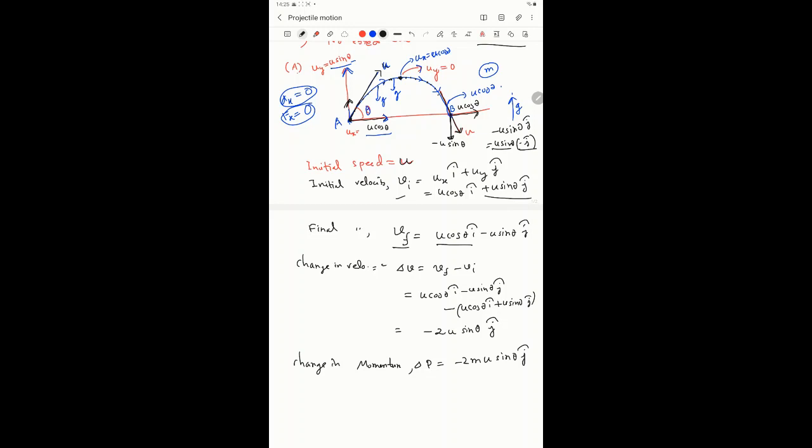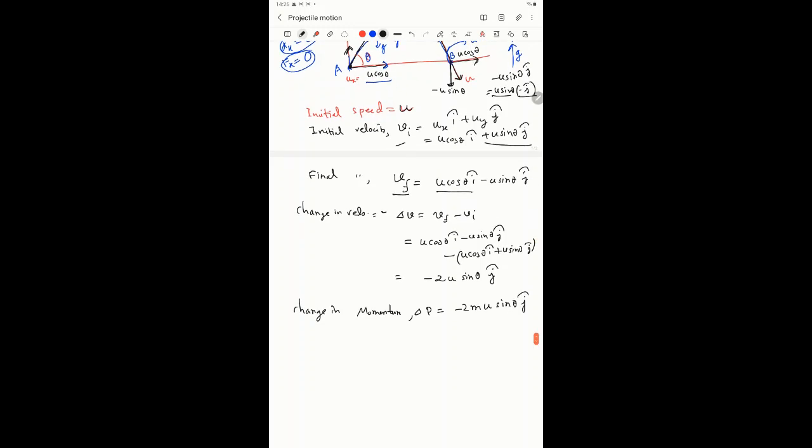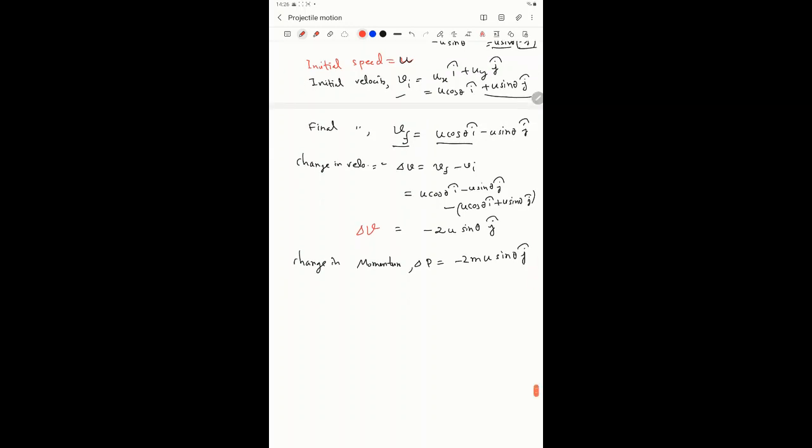So the change in velocity, delta v, is v final minus v initial: u cos theta i cap minus u sin theta j cap, minus u cos theta i cap plus u sin theta j cap. This results in delta v equals minus 2u sin theta j cap. So this is the change in velocity.